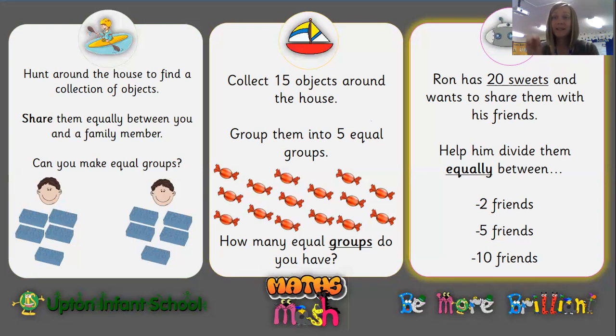So 20 sweets between 2 friends. Then I want you to have a go at dividing 20 sweets between 5 friends. And the last challenge is to see if you can divide 20 sweets between 10 friends. And remember, they've got to be equal. They've got to be the same.